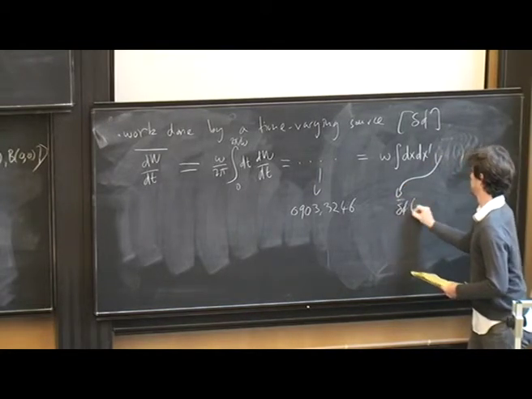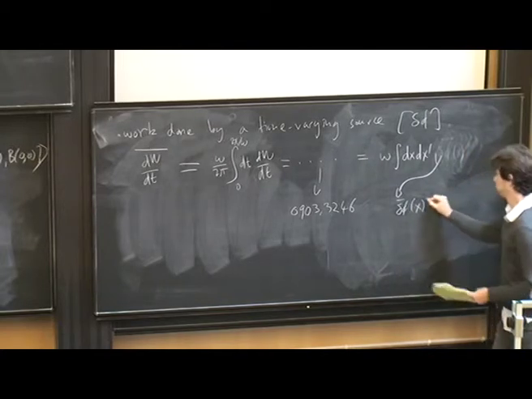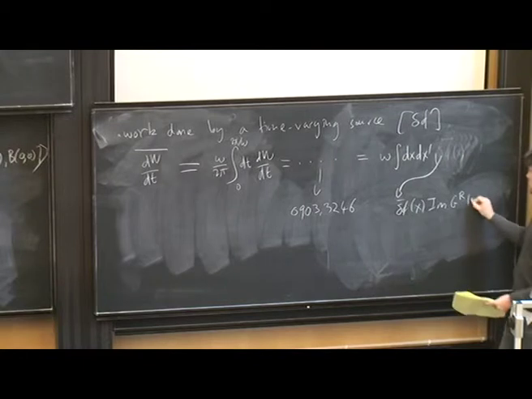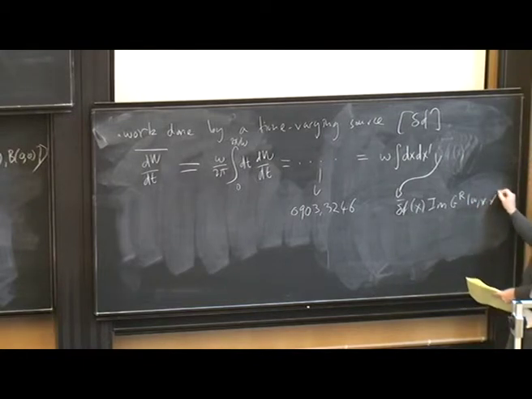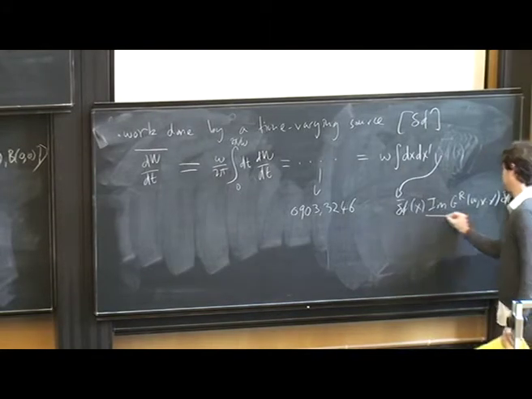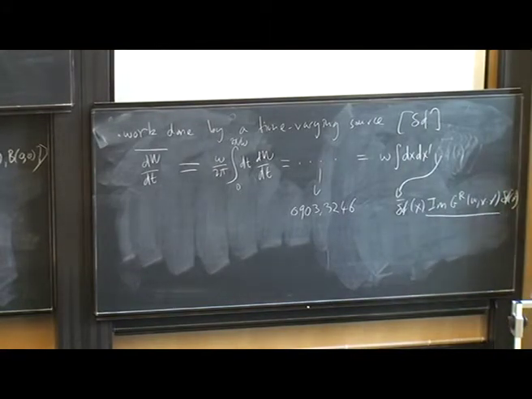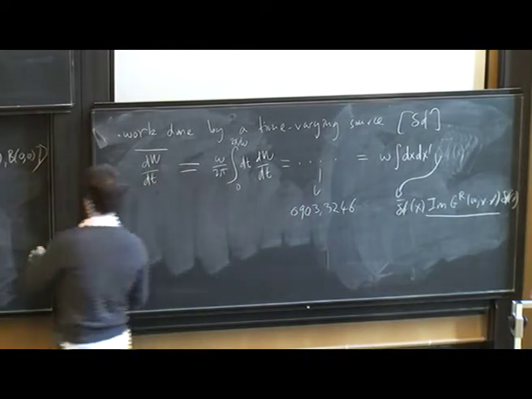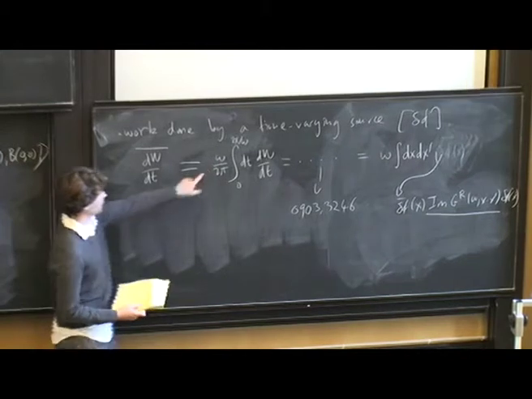Delta phi bar of x, the imaginary part of the retarded Green's function, omega, x minus x prime, delta phi of x prime. So the main point of this formula is that it's the imaginary part of the Green's function that appears. And there's an omega here.